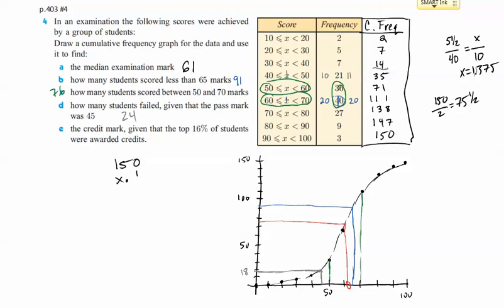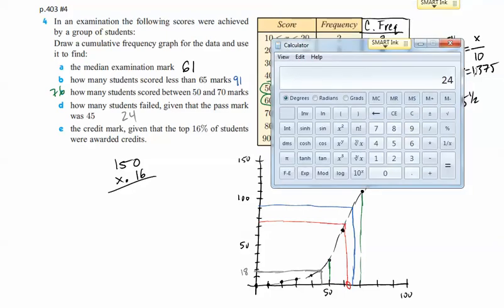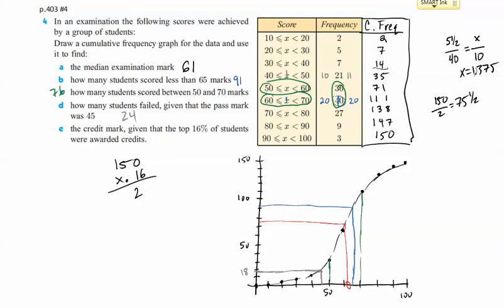So if I want the top 16%, I'll multiply by 0.16, and so I'll go 150 times 0.16, because that would be 16% of 150. I must have pushed the wrong button. I got 24 students. So the top 24 students, the top 16%, got credits.